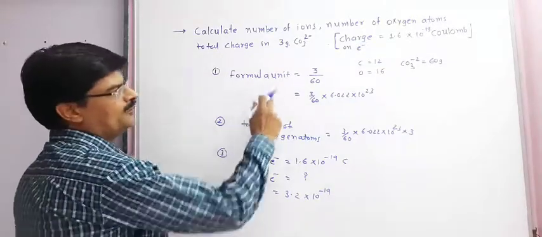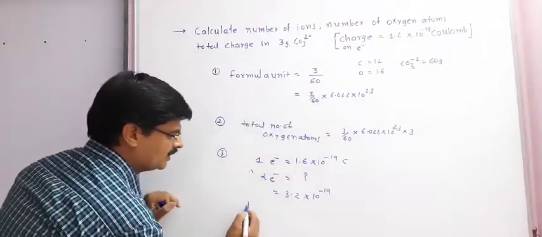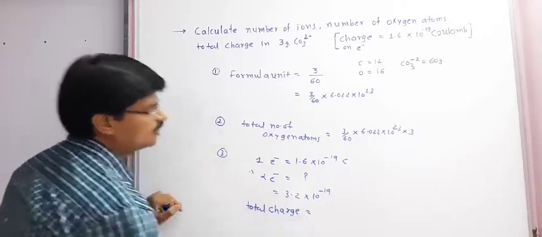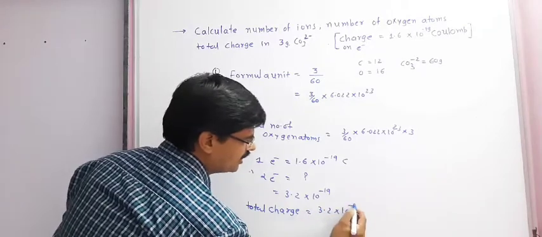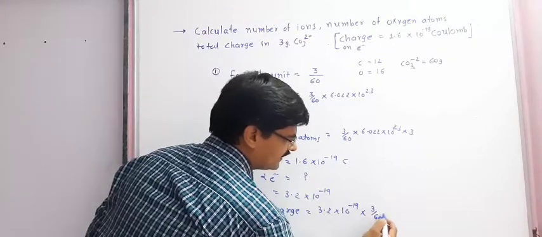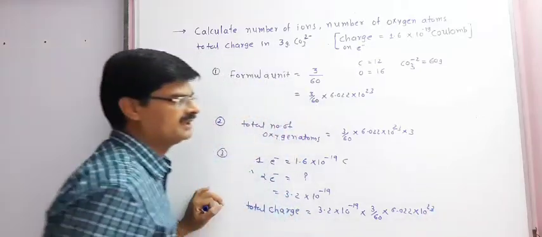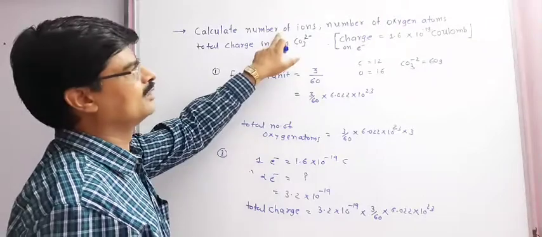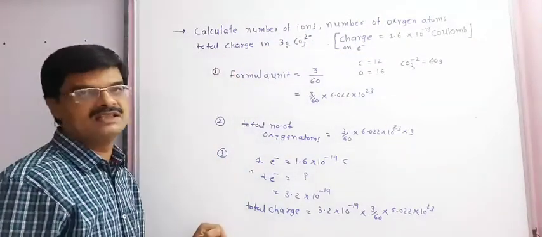But because we have formula units 3 by 60 into Avogadro number, the total charge is equal to 3.2 into 10 raised to -19 into 3 by 60 into 6.022 into 10 raised to 23. So, from all this calculation, we will get the answer for the number of ions, number of oxygen atoms and total charge in 3 gram carbonate.